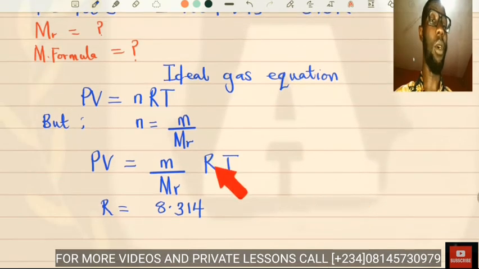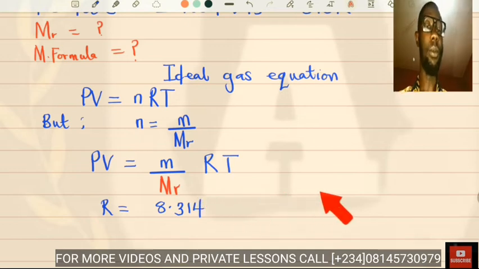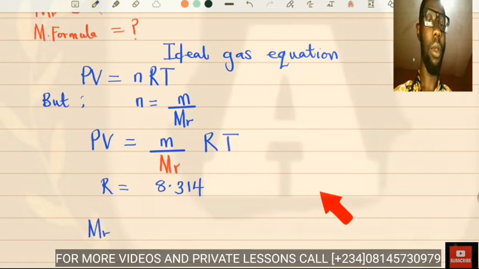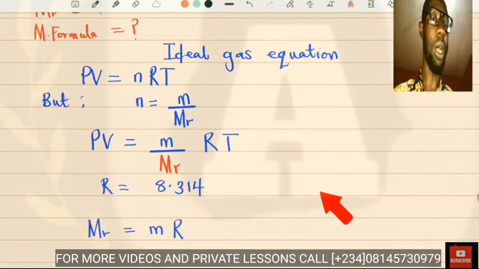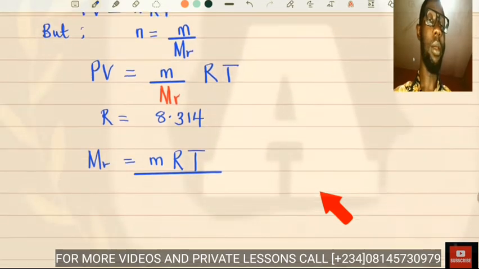That is the value of this R. Now when we rearrange this equation to get the Mr, the molar mass, the formula mass, we're going to have that Mr will be equal to mass multiplied by the molar gas constant R multiplied by temperature, divided by pressure and then volume.